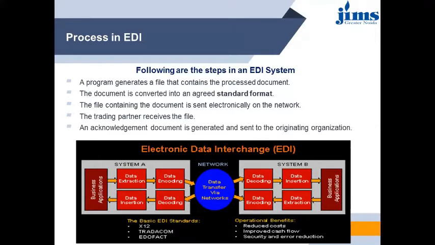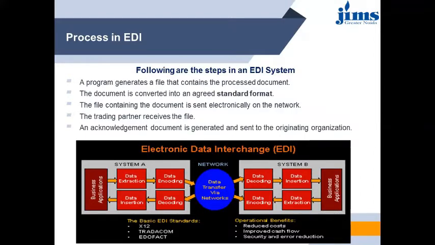First point is a program generates a file that contains the processed document. The meaning of this is, I am taking an example of a Google form. You have a Google form, you are filling the form, and when you press the submit button, that form is saved in a backend either in the form of an Excel sheet or in the form of a docx, whatever information the creator of that form wants from you.